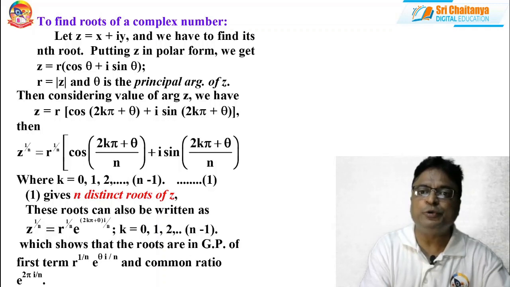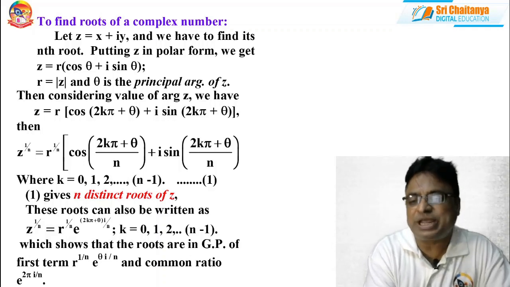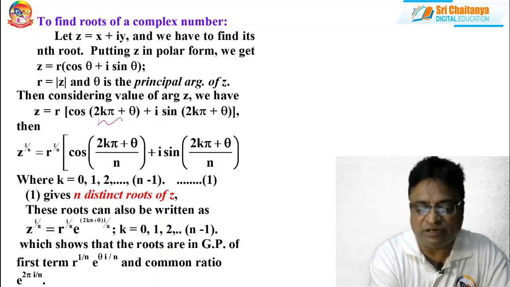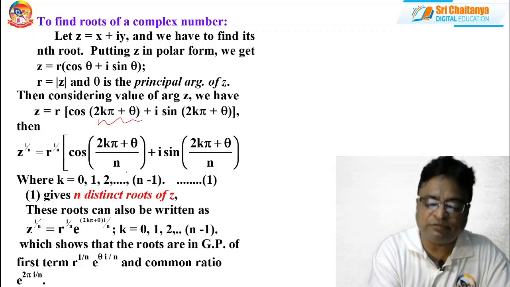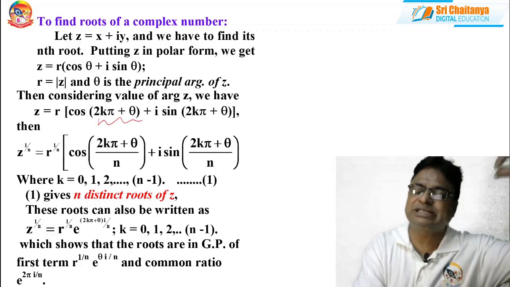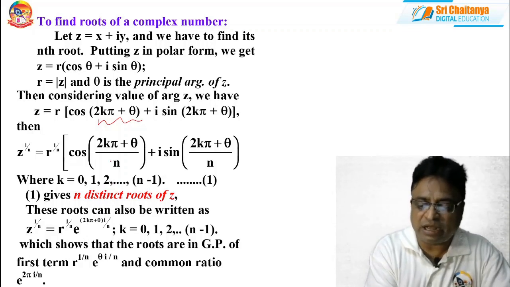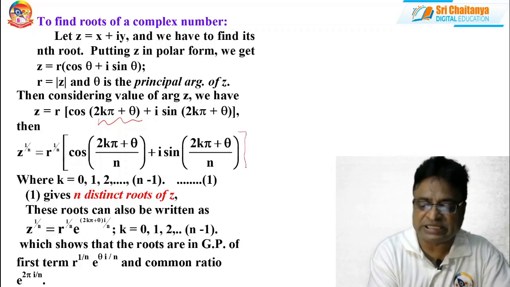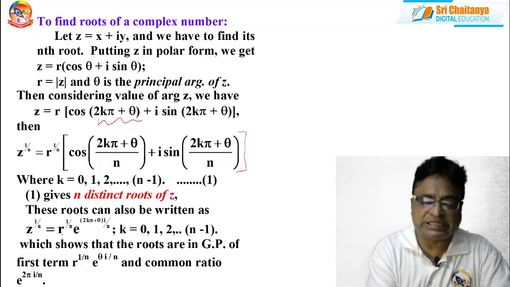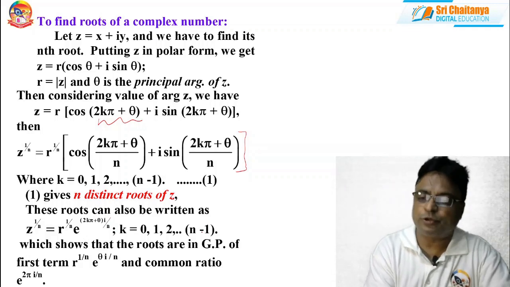And after that, what to do? You add 2k pi, that is the general value, to theta, and you multiply with 1 by n. This point we already discussed in our previous video also. Moreover, in exponential form we can write it as z power 1 by n equals r power 1 by n e power i (2k pi plus theta) by n, where k equals 0, 1 to n minus 1.